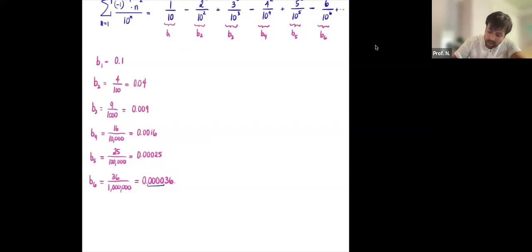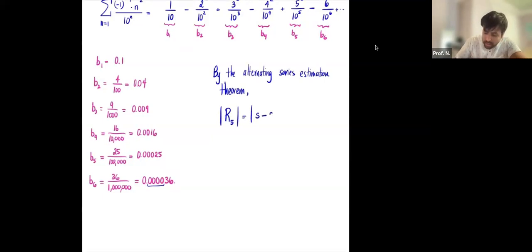So what this means is, by the alternating estimation theorem, R sub 5, which is equal to the difference between the actual sum of the series minus the first 5 terms, S sub 5, the partial sum, is bounded by b sub 6, which is 3.6 times 10 to the negative 5 power, or in other words, 0.000036.